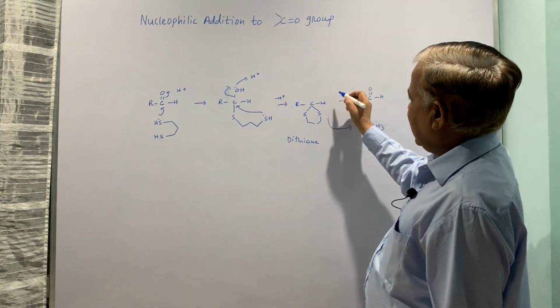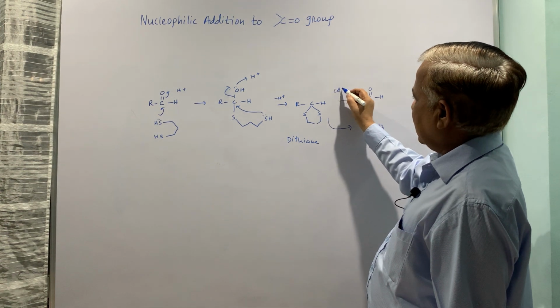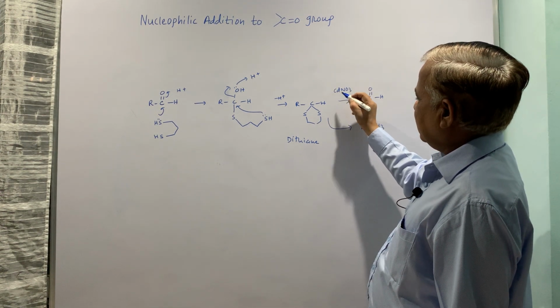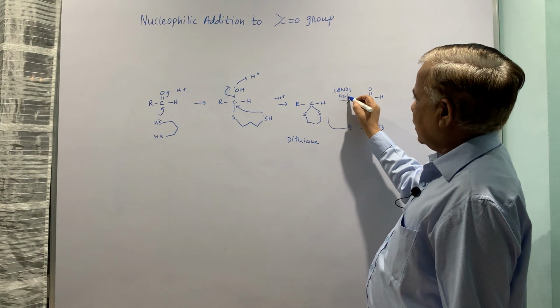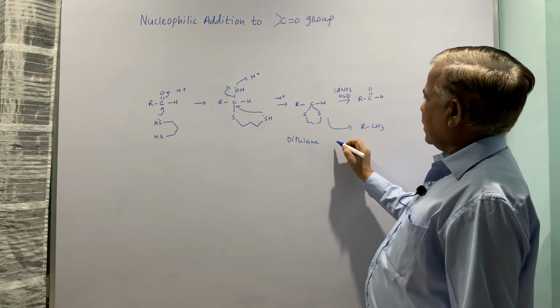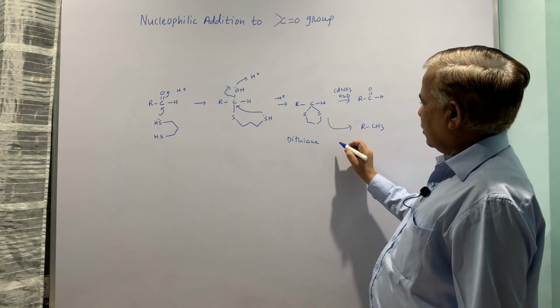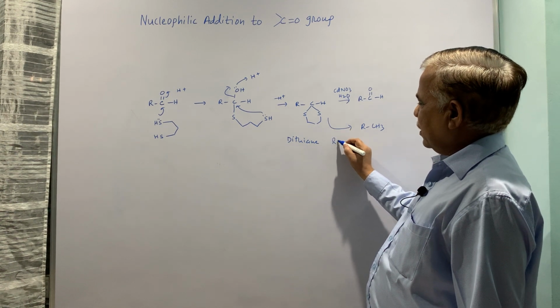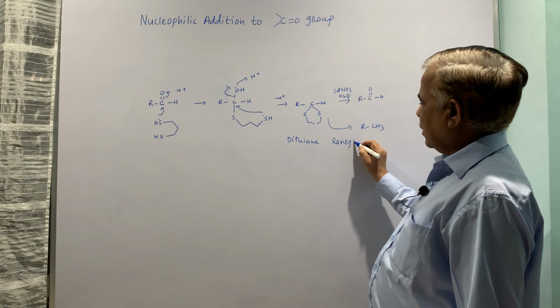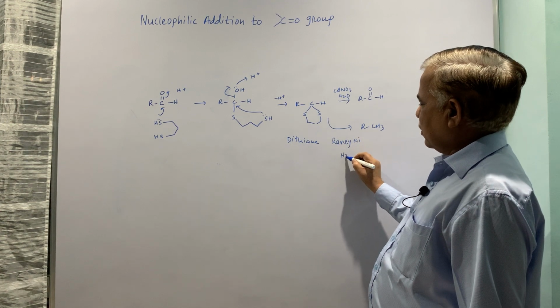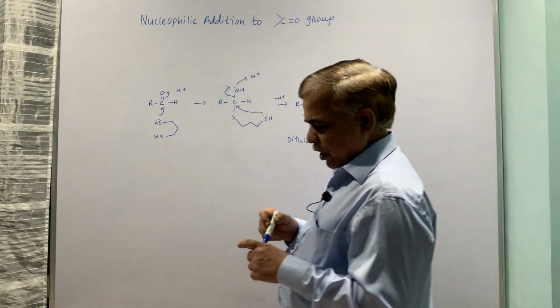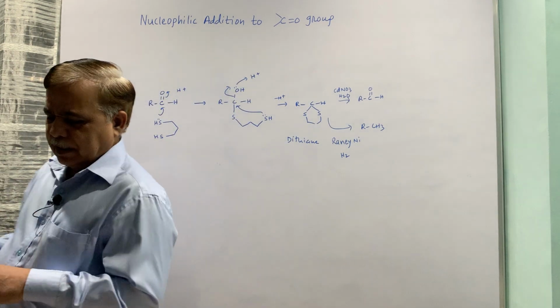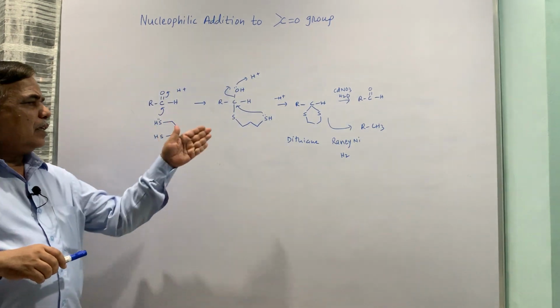So, this can be done with cadmium nitrate, water. This is your Mozingo reaction, wherein this is treated with nickel and hydrogen. So, that is the desulfurization. So, that is the advantage of having dithiane protection.